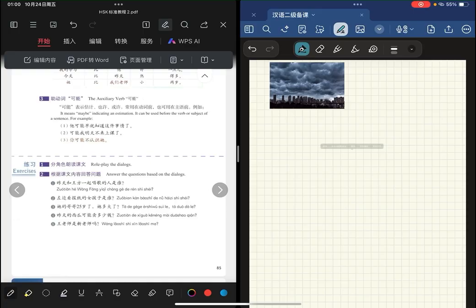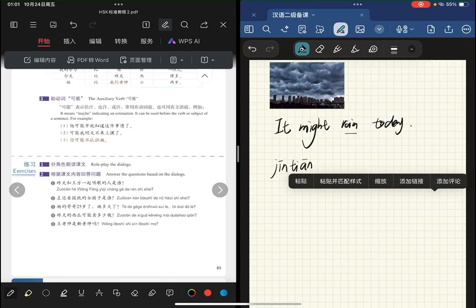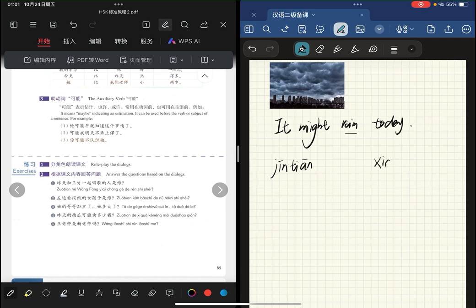So we can say, today is 今天, and rain is 下雨.